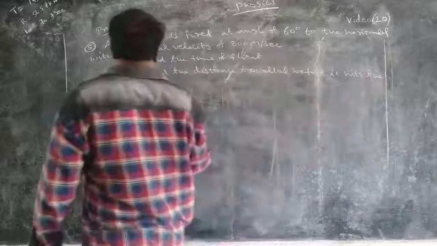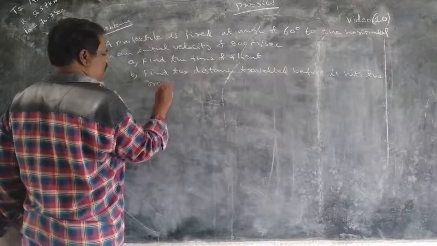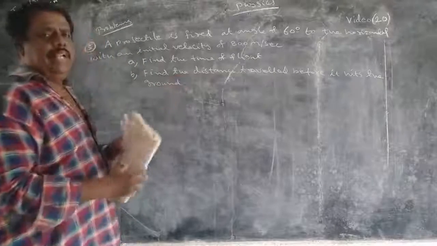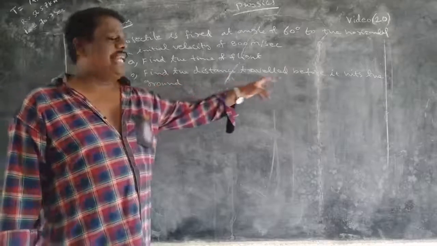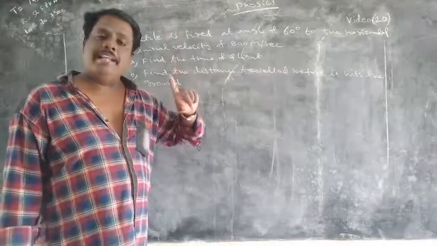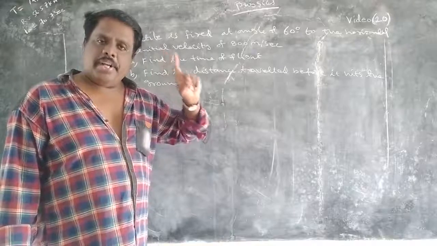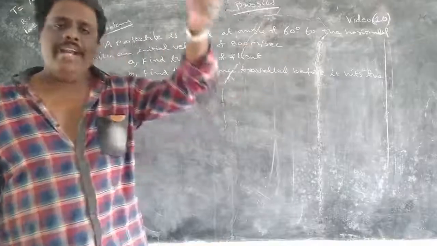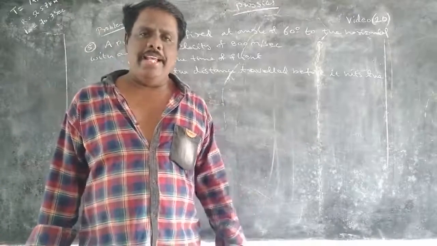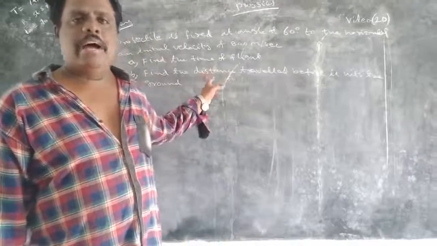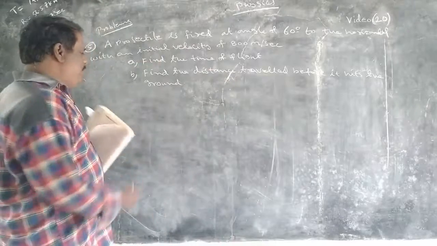Once again, what is the second case they are given? They ask to calculate the distance traveled before it hits the ground. That is nothing but range. From the point of projection to where it hits the ground, the distance is nothing but range. That means indirectly they are given range, so we have to calculate it in case B.